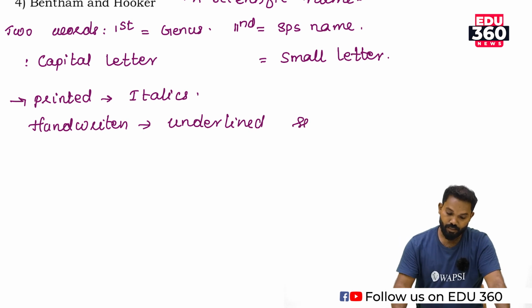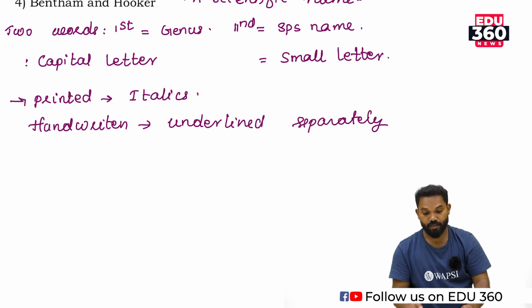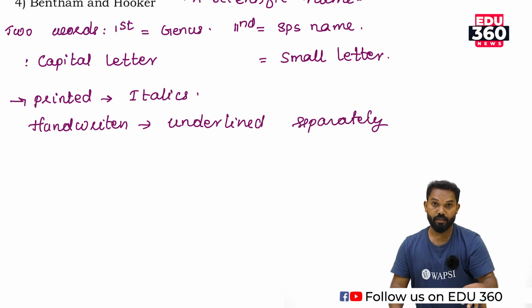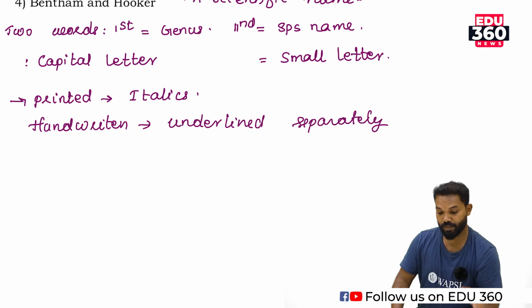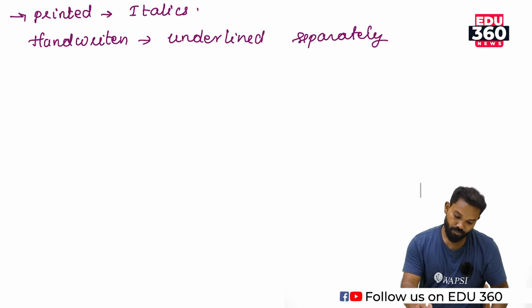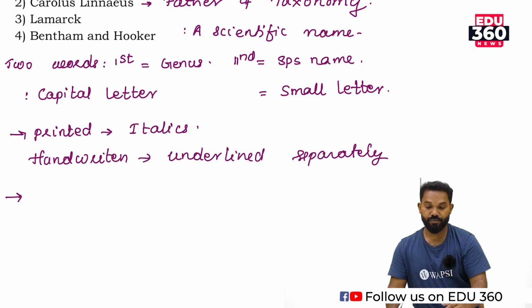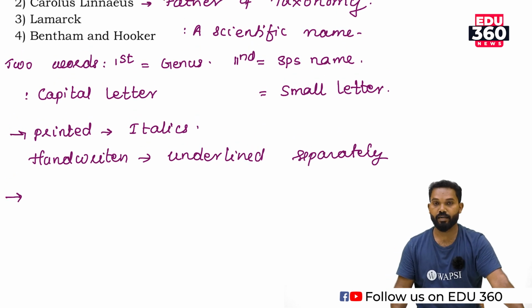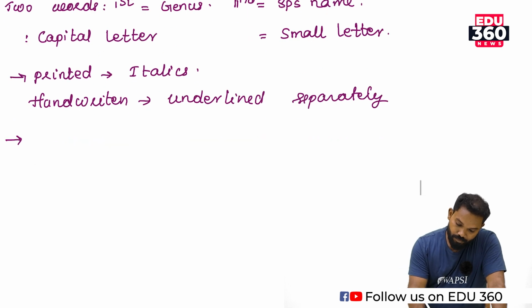So if the name is printed in published books, it should be in italics. If the name is handwritten, it should be underlined separately. That is the next rule of binomial nomenclature. Then the name should be Latinized.